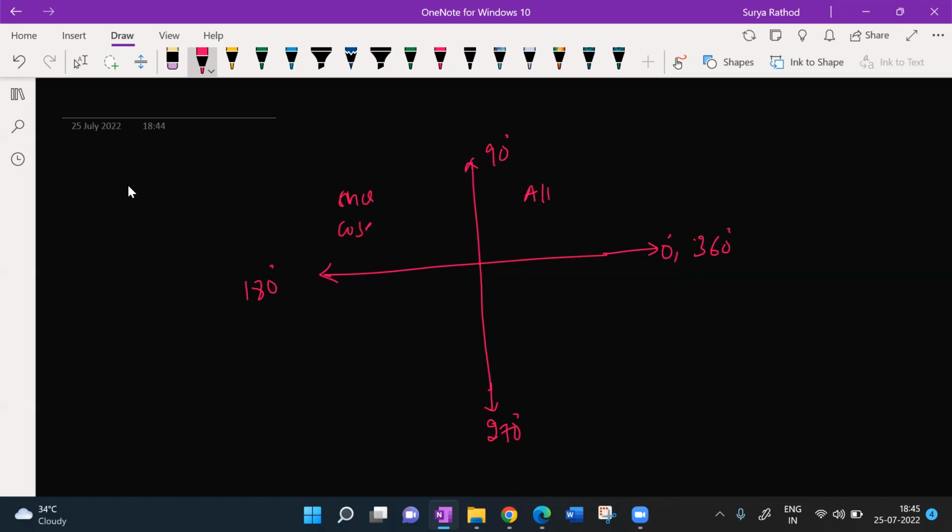Sin theta, cosec theta will be positive. Here tan theta, cot theta will be positive. These two are positive only in the third quadrant, which means the others will be negative. That is the meaning of that. Here cos theta and secant theta will be positive.